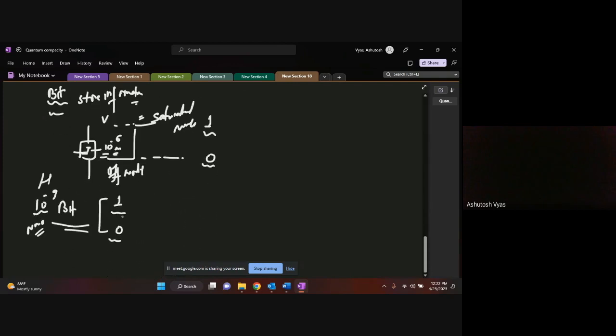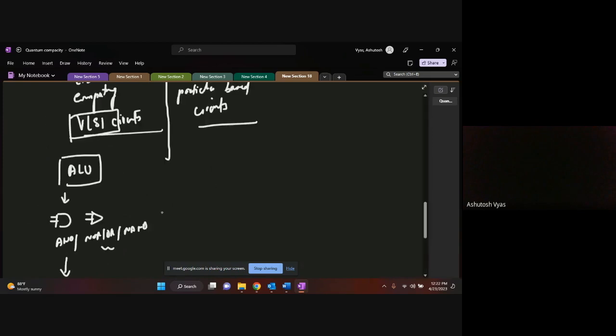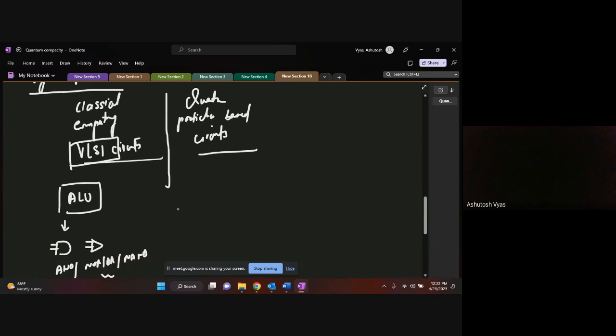Now, one thing is clear: the bit is the most fundamental unit of information storage in the current classical system. So if this is what is there in the current classical system, what is quantum giving us?